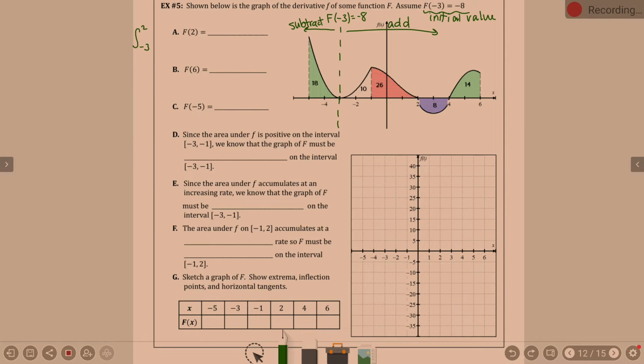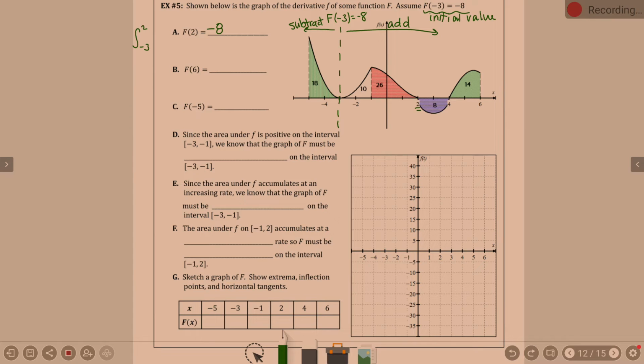Our starting value is -8. And then you're going to add or subtract those pieces on appropriately. So we're starting here at f of -3 is -8. This one's f of 2, so we're going over to 2 here. So with the fact that f of -3 is -8, and then accumulating up to 2.